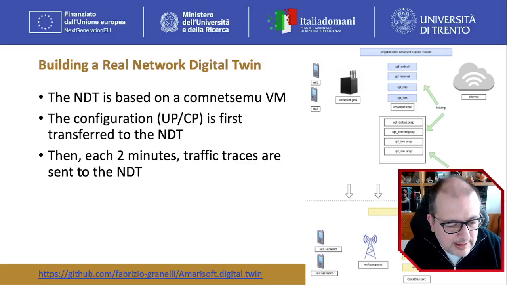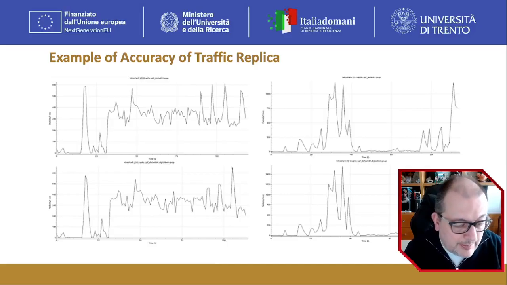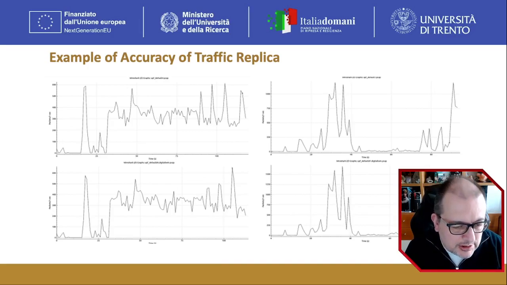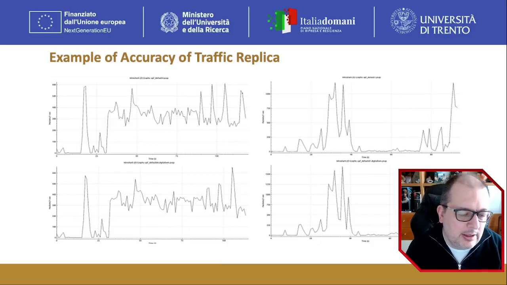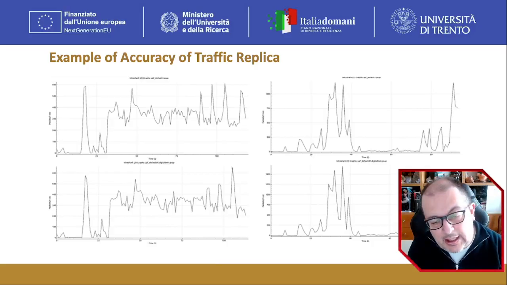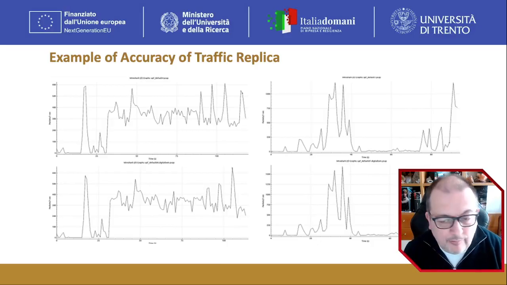So you can find the software that we developed at the link, because everything that we did is openly available to the community. So here is an example of accuracy. On the top, you see what happens in the physical twin. On the bottom, what happens in the digital twin. The only change here is that we changed the time scale of the digital twin in order to align them, because in our testbed, the network digital twin operates with a 2 minute delay because of the capturing time of the packet traces.